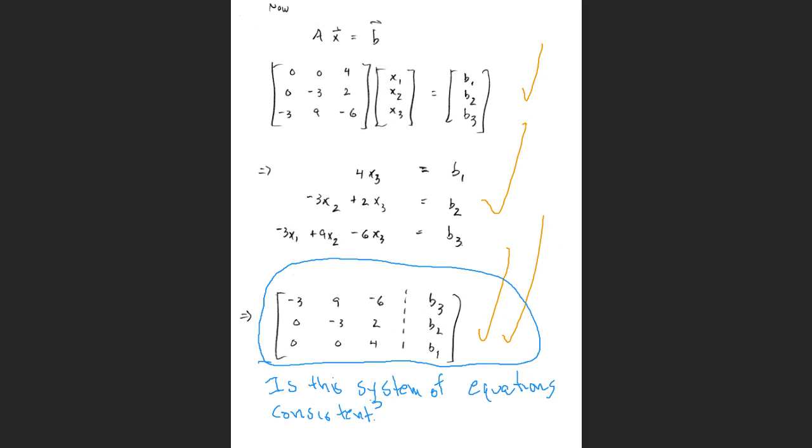What does the last row say? How would we read the last row there?